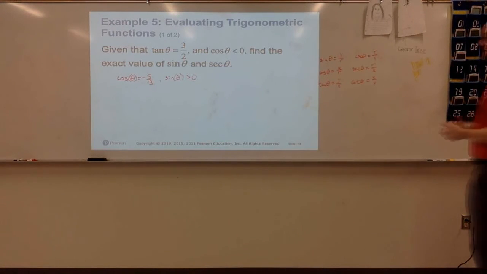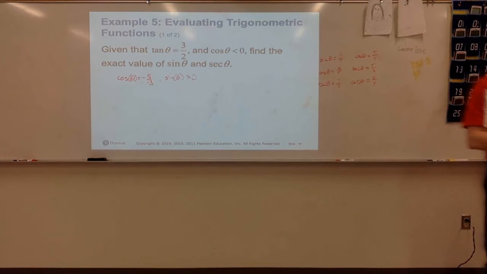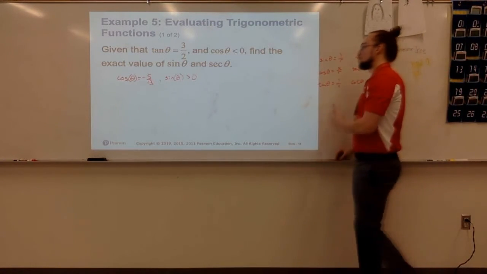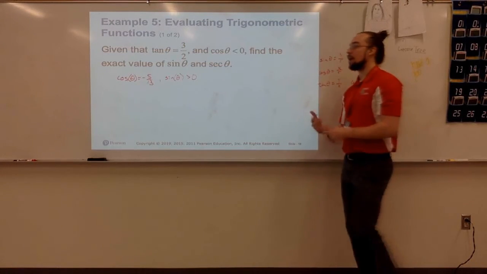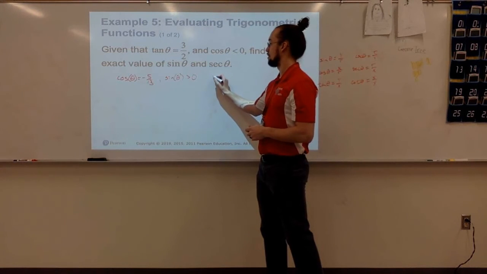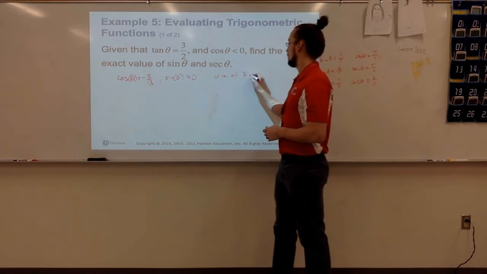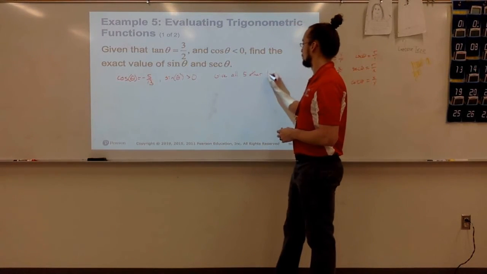So first, we need to figure out what quadrant we will be in, given that information. Then sketch out our right triangle, solve for the missing side, and then let's say we want to find the other 4 trig functions, or I guess other 5 trig functions. So here we'll go ahead and do all of the other ones.